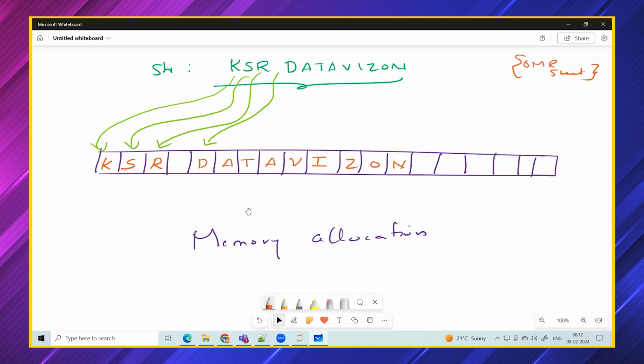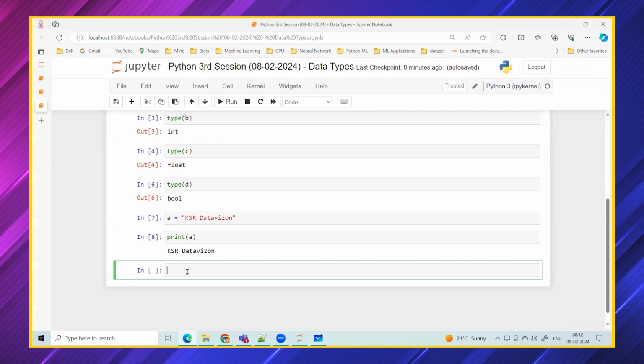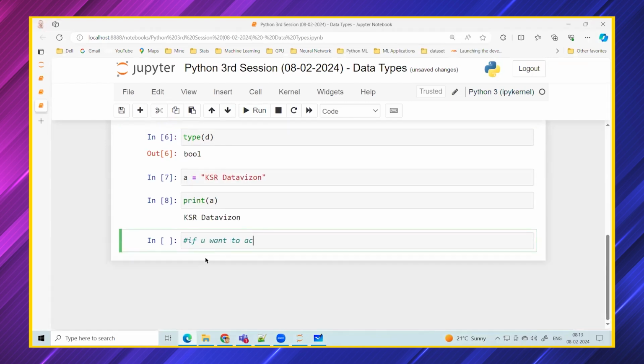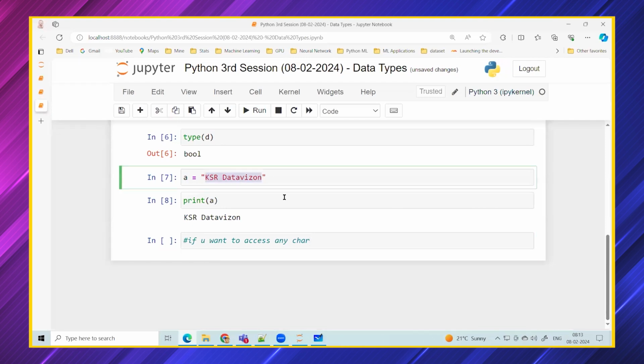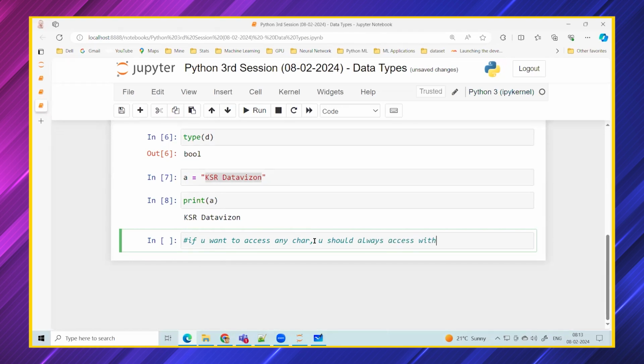Now, if you want to access any character from this name, remember this one: you should always access it with an open bracket, a square bracket, and a close bracket. That's the only way you can access a character.